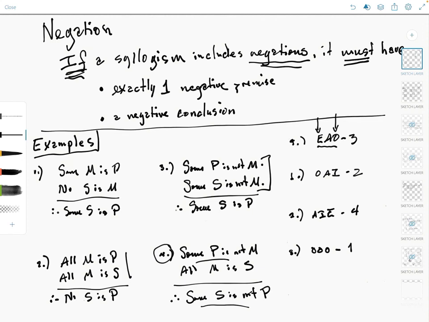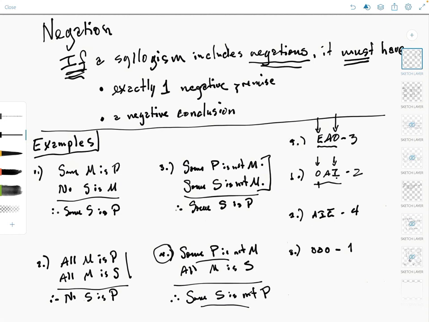So this, superficially at least, passes the negation rule, so superficially it's a candidate for validity. We would have to look a little deeper, right? Now look at number 6. In number 6, we have exactly one negative premise, but we have an affirmative conclusion. So number 6 is the fallacy of affirmative conclusion. That is the fallacy of drawing an affirmative conclusion from a negative premise.